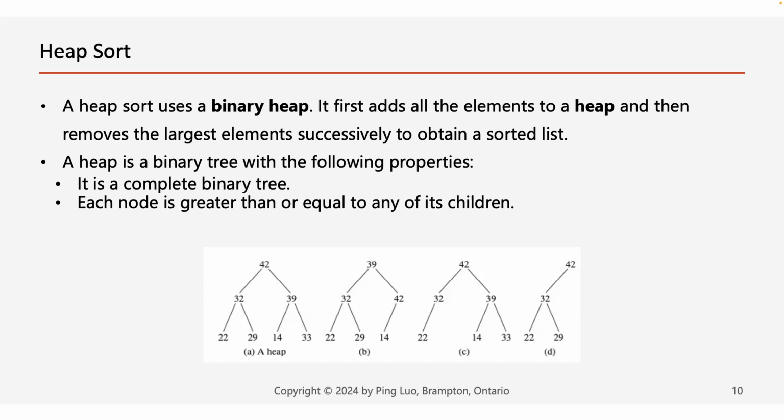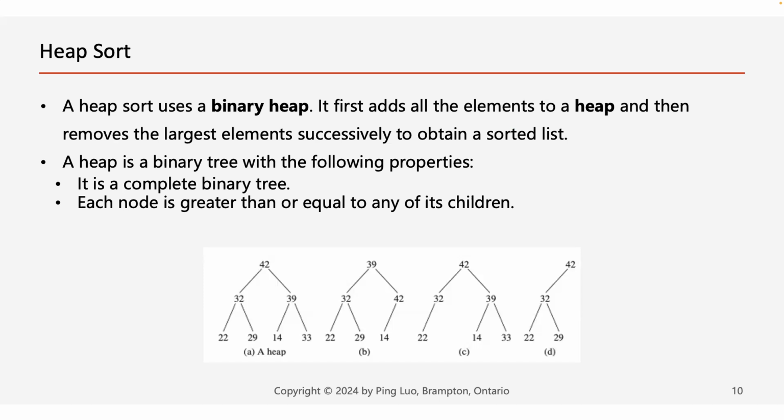And a heap is where every parent is larger than its children. Like 42 is larger than 32 and 39, and 32 is larger than 22 and 29. So as long as we create this heap and save everything in this ordered way, the sort itself is very simple.